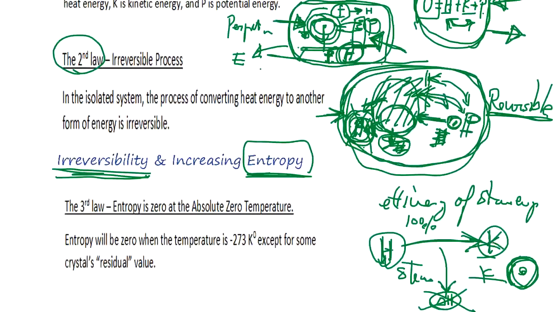And using this kinetic machine, you can generate heat again. This is reversible, 100% efficiency. And that's what the engineers were looking for. But there is always energy loss from heat to the environment. And they measured this as entropy, how much energy loss you have.